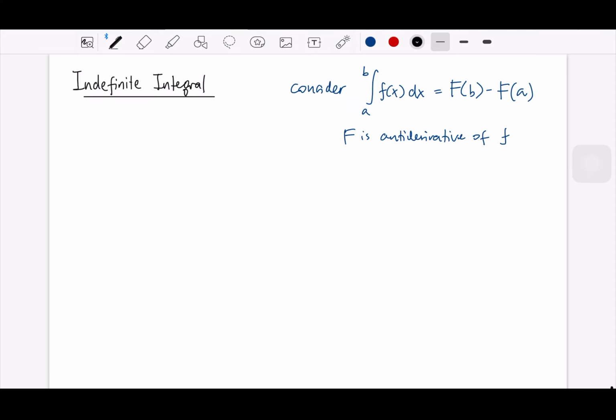So if we have just the integral of f of x dx without any initial point or end points, we call this the indefinite integral. While this part here is the definite integral, because it has definite exact points, and an exact area.